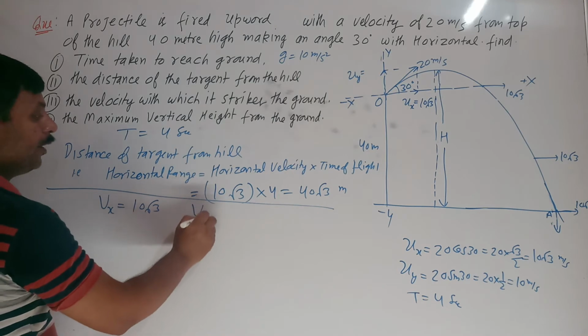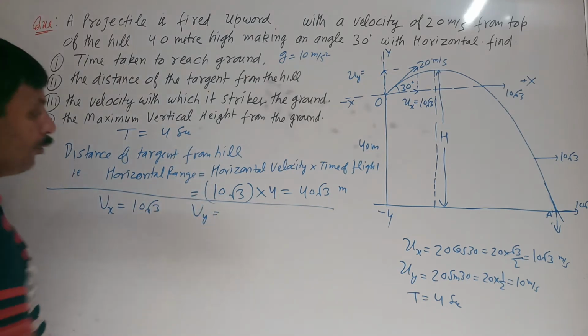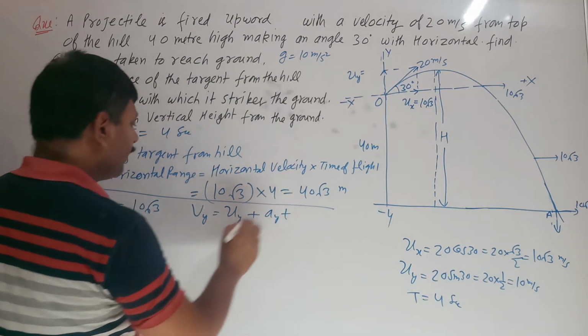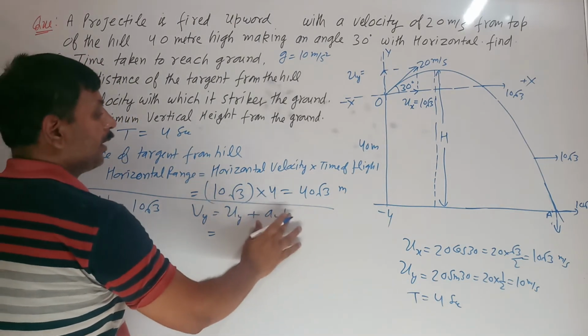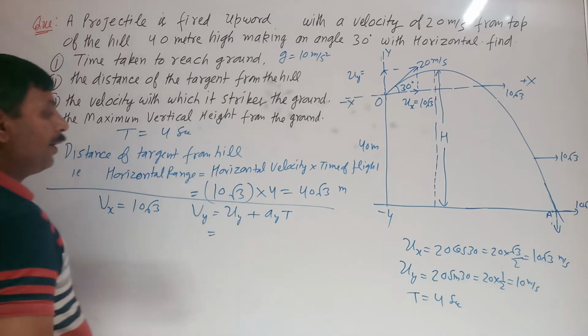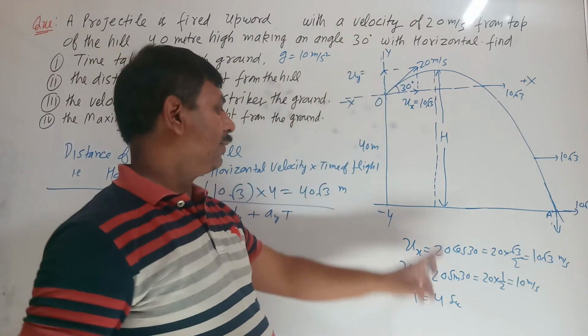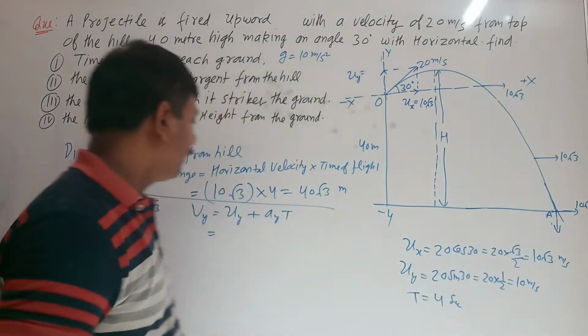For the vertical component, v is equal to u plus at, that is vy equals uy plus ay t. Here t is the time of flight, so we take capital T. What is uy? Uy is 10 meter per second.